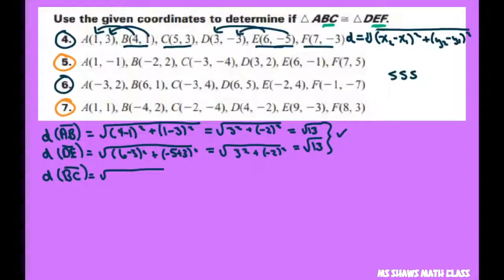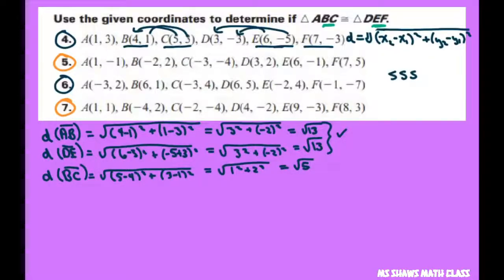You don't have to go in the same way, but I'm going to look at 5 minus 4 and 3 minus 2. So that's going to be 5 minus 4 squared plus 3 minus 1 squared. That gives you 1 squared plus 2 squared, and that's 1 plus 4, the square root of 5.